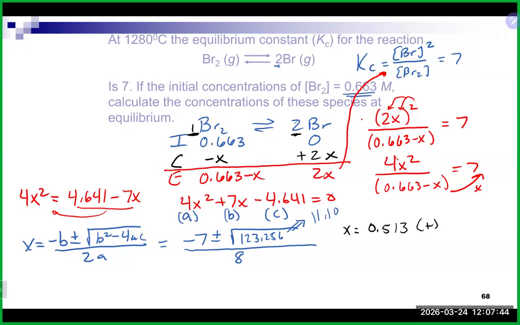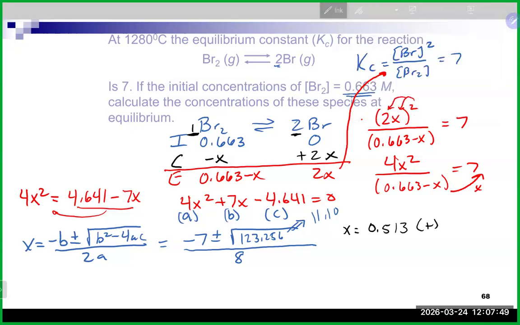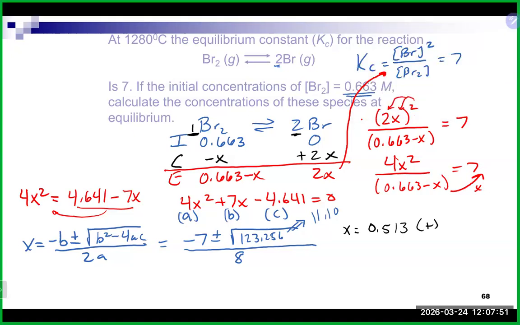That was the plus part of it. If you went through and did the minus, that's going to be minus 7 minus 11.10 divided by 8. Going to get you a negative 2.26 here on the subtract part of it.